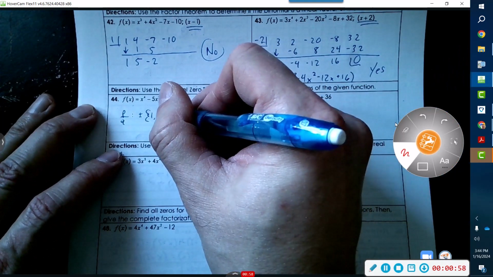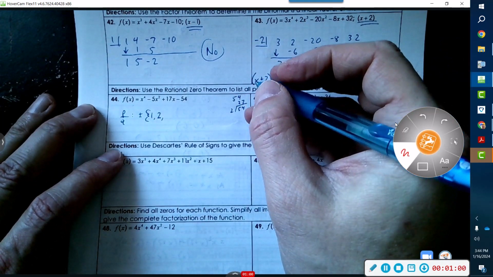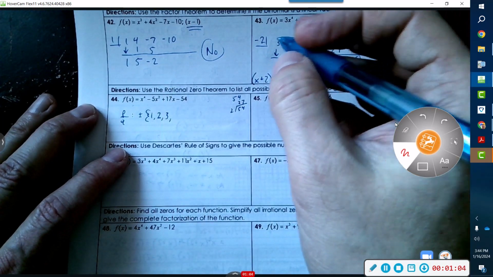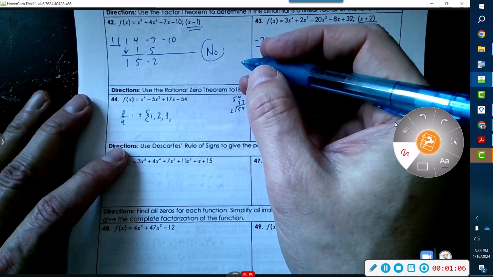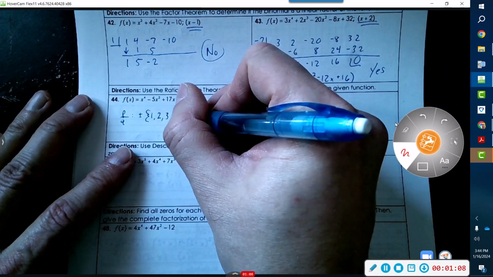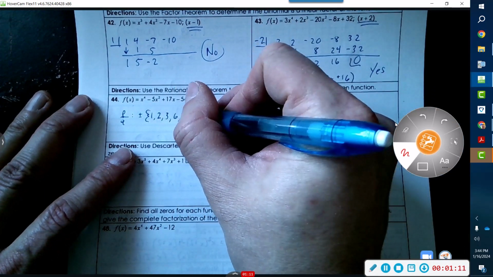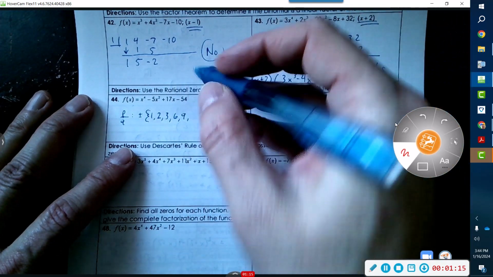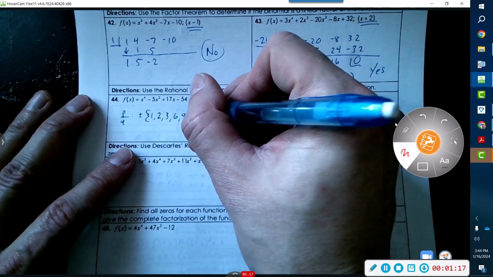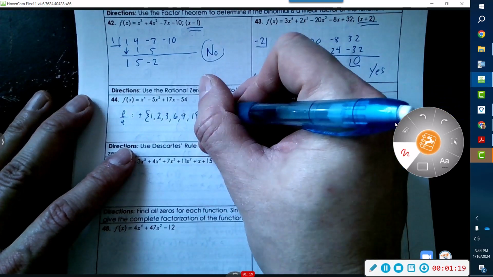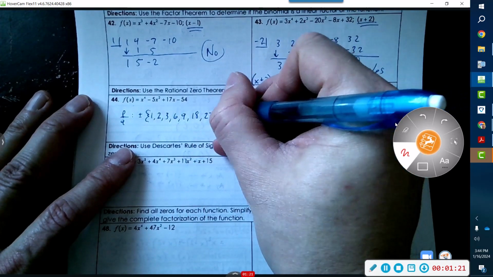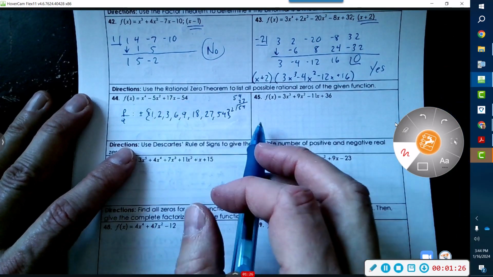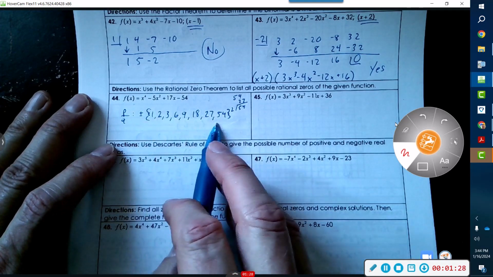So 2, 3 goes in there. 4, no. 5, no. 6, yes, because that's 6, and then 9. Okay. So then we need the 3. 3 goes in there 18 times, and then the 2 went in there 27, and then we got our 54.